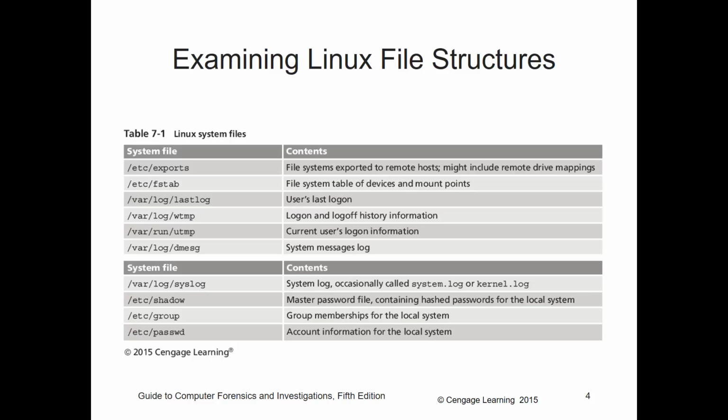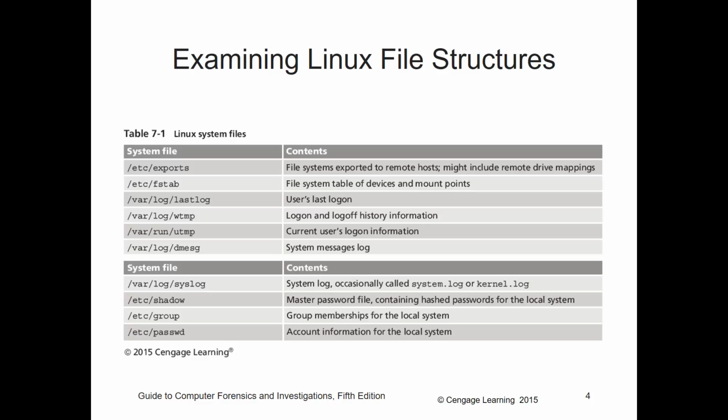You have to start becoming familiar with the operating system that you're going to be dealing with. I don't deal heavily with Linux in this capacity. I deal with Linux in a different capacity, so the file structure that I learned is slightly different, but it's good to understand where certain things are at.